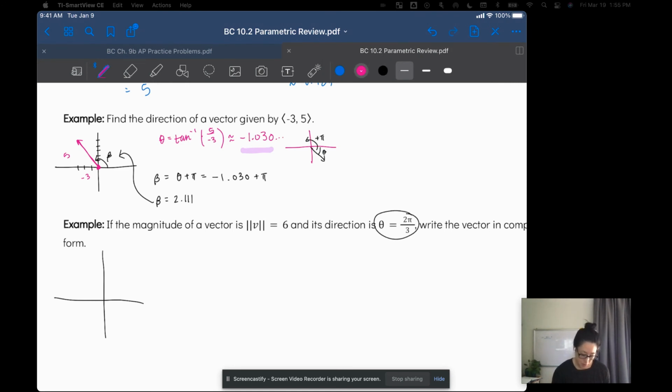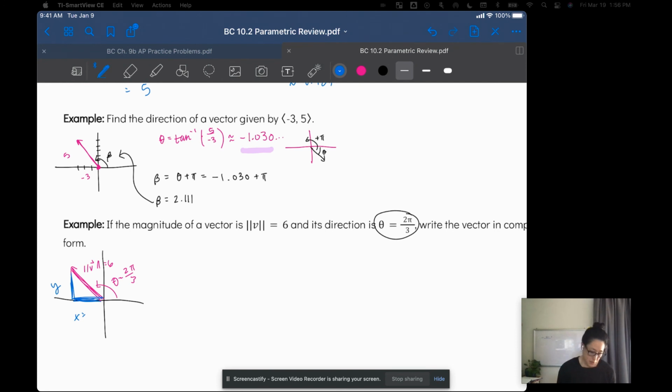So 2 pi over 3 is in the second quadrant. The length of the vector is equal to the magnitude, which is 6. So if I'm looking for the vector in component form, I want to know the change in x and the change in y to construct my vector.